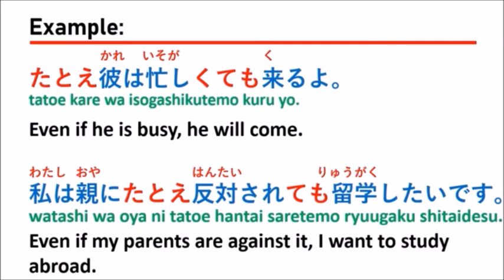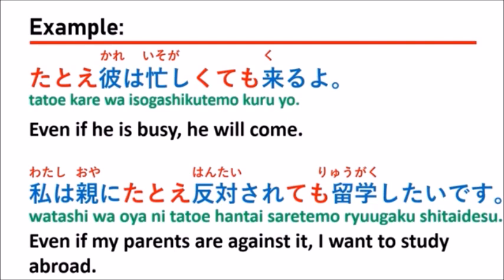So 反対されても留学したいです, which means I want to study abroad.